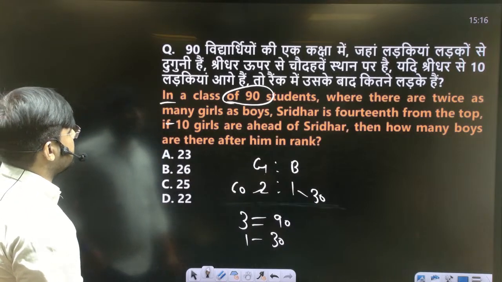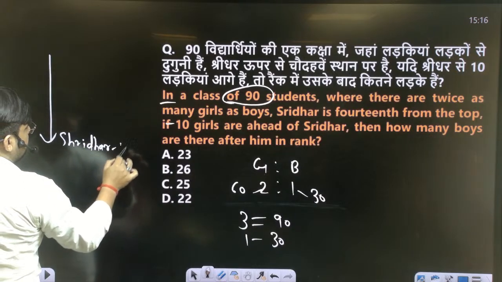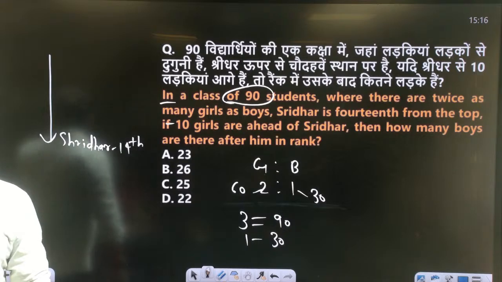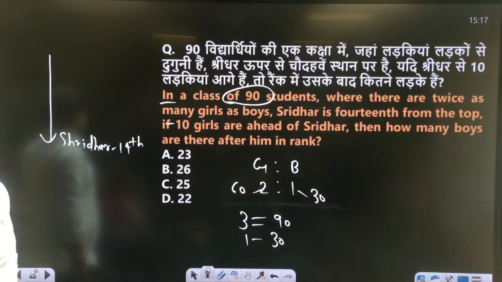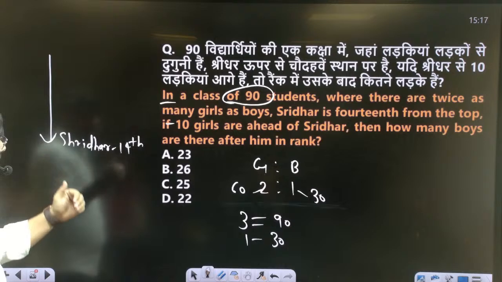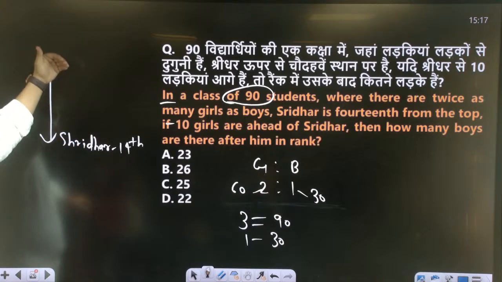And Sridhar is 14th from the top. If 10 girls are ahead of Sridhar, and Sridhar is 14th from the top, it means 13 students sit before Sridhar.